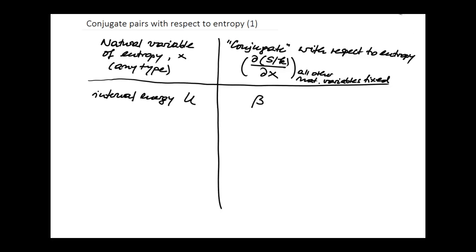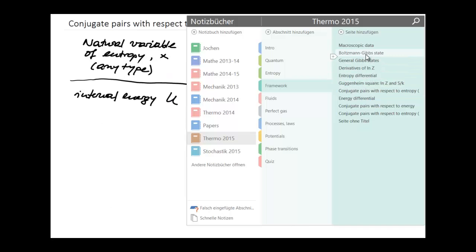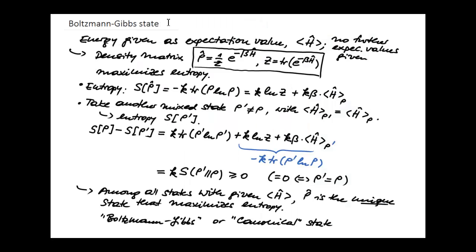Let me remind you, when we had the Boltzmann-Gibbs state, you see in the exponent the Lagrange parameter associated with the Hamilton operator, which we call beta.